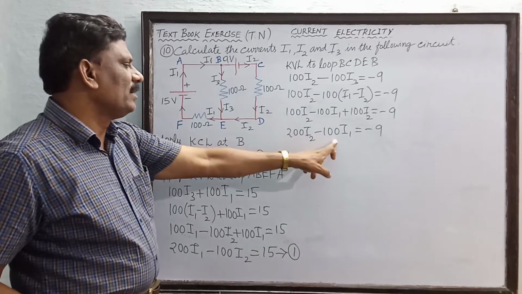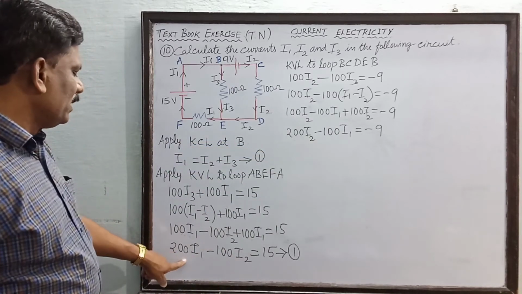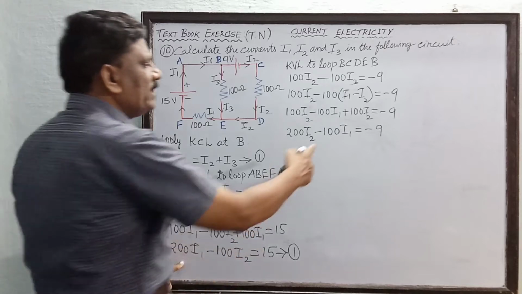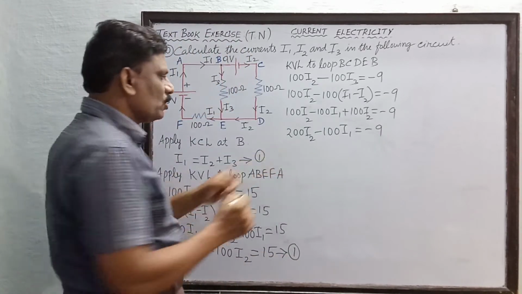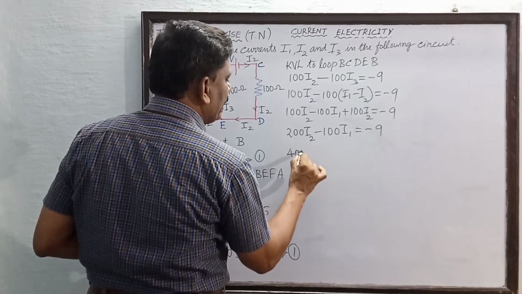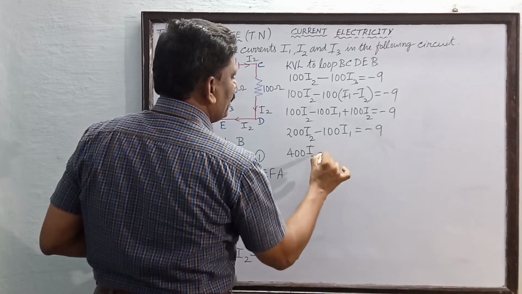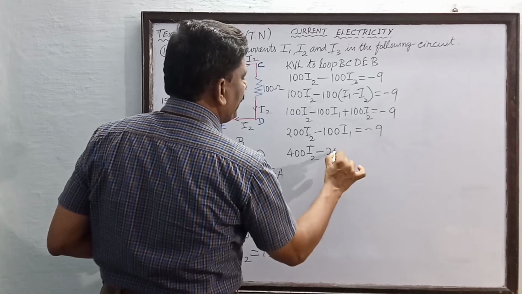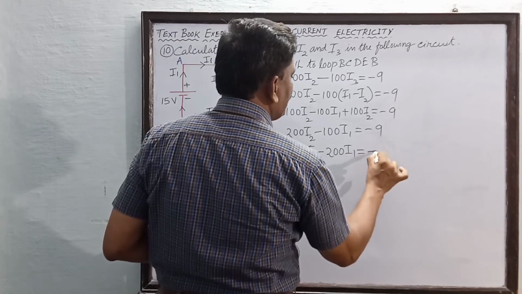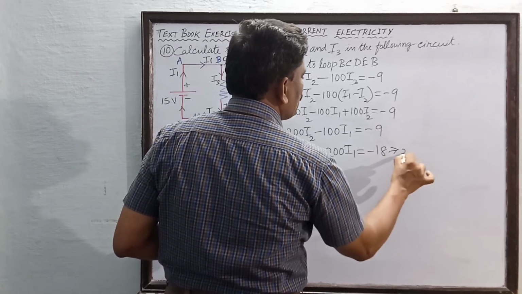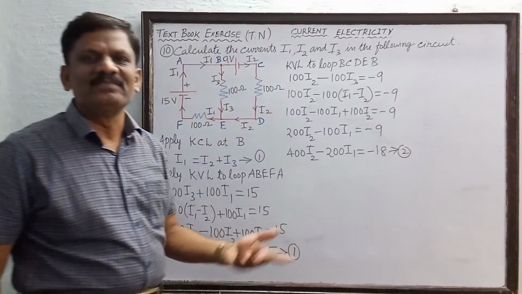Here you can see minus 100 I1, here 200 I1 is there. So this equation can be multiplied by 2. So that this is 400 I2 minus 200 I1 is equal to minus 18. So this also can be taken as equation 2.